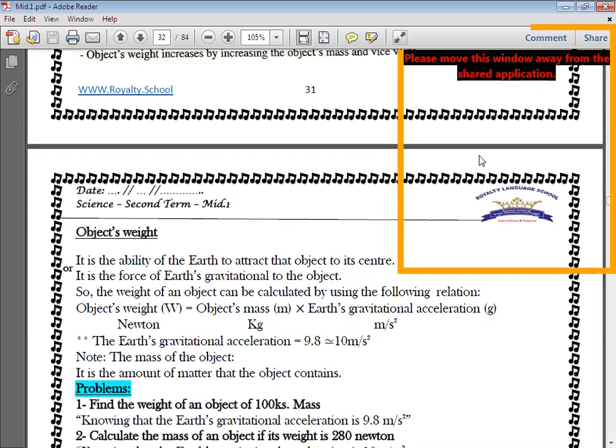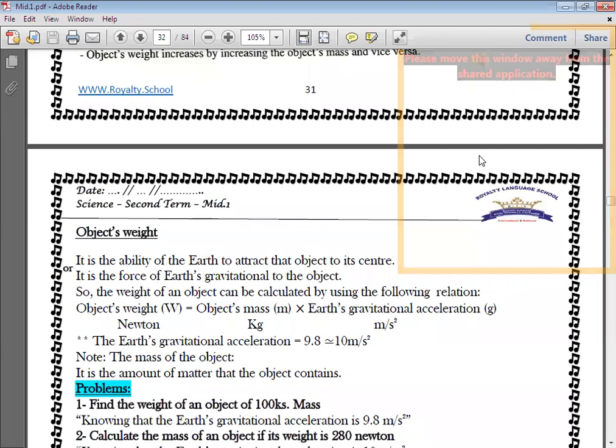Take care, the mass is the amount of matter of an object. The mass is a fixed value, it doesn't change when the place of the object changes. When I say the mass of this object on the Earth is 100 kilograms, the mass on the moon or in any place will be 100 kilograms.